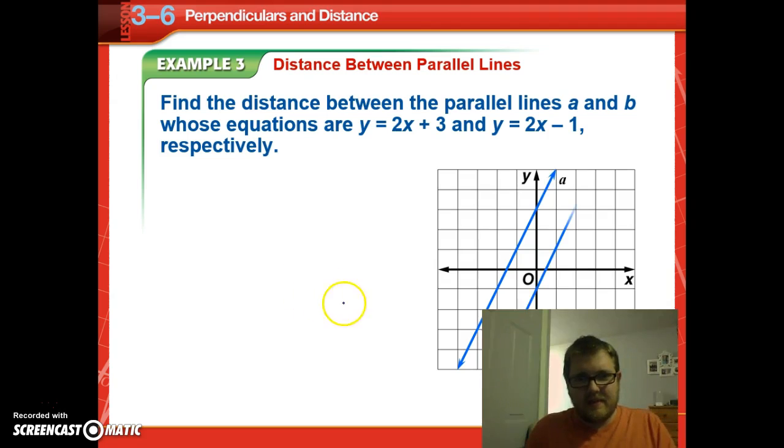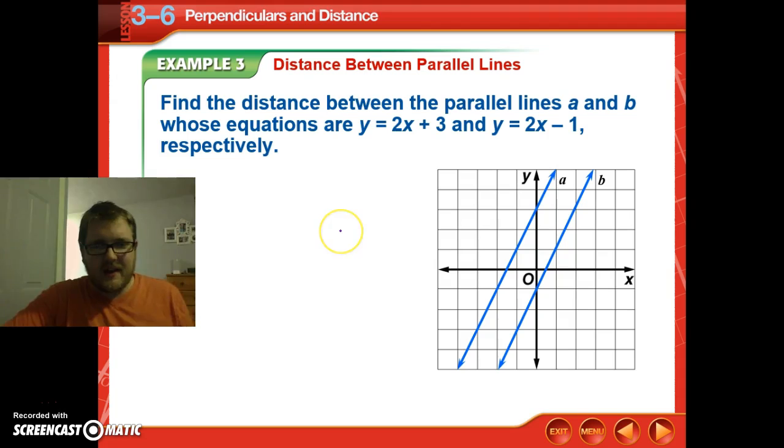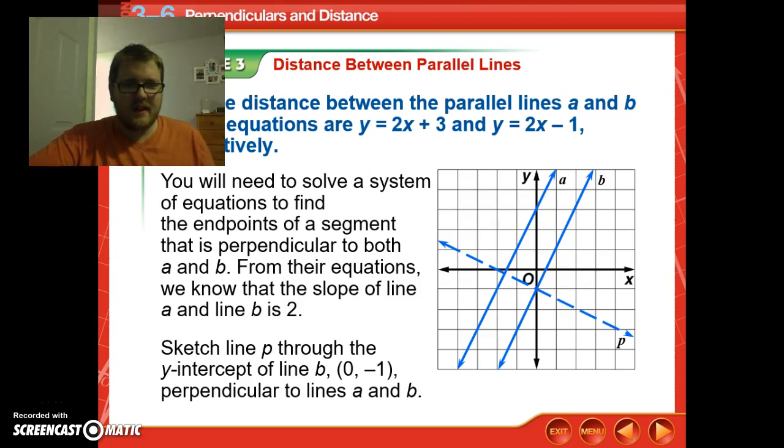So find the distance between the parallel lines A and B whose equations are y equals 2x plus 3 and y equals 2x minus 1. As you can see, we're going to need to solve a system of equations again to find the endpoints of a segment that's perpendicular to both A and B. From their equations, we know that the slope of A and B is 2, because m equals 2 for both lines.